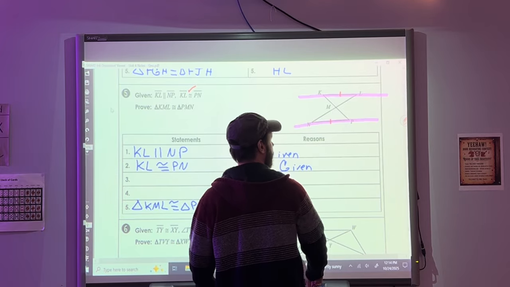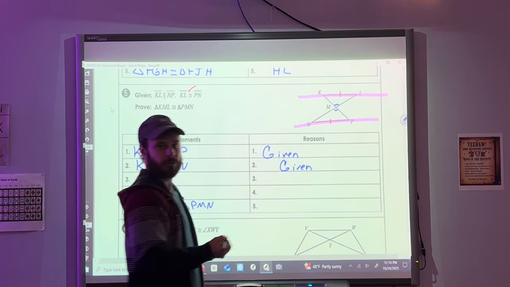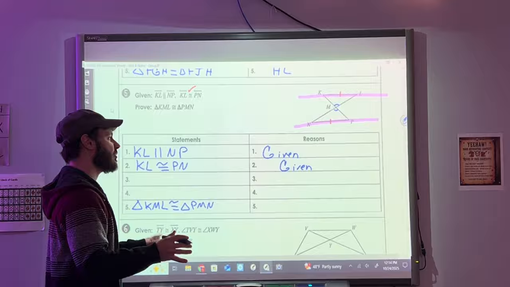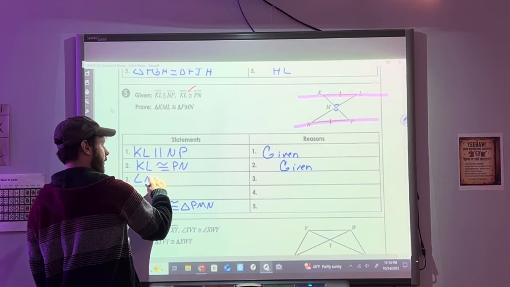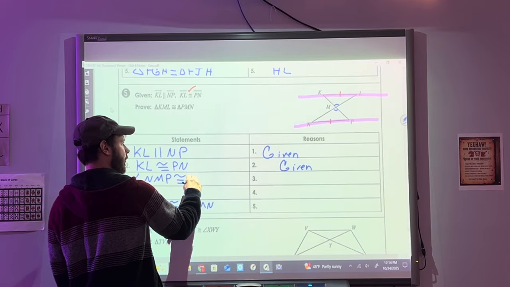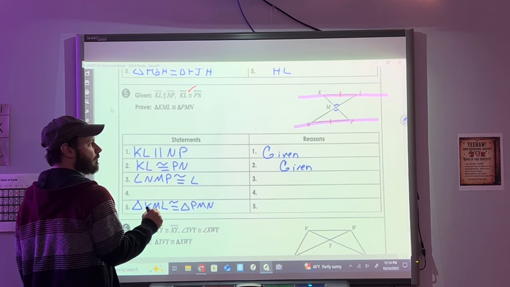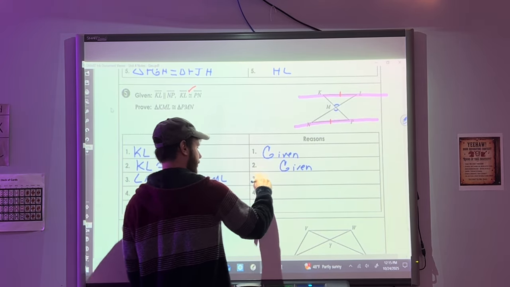This part right here, those are vertical angles. So I could say that angle NMP, the bottom one, is congruent to angle KML, the top one. My reason would be vertical.